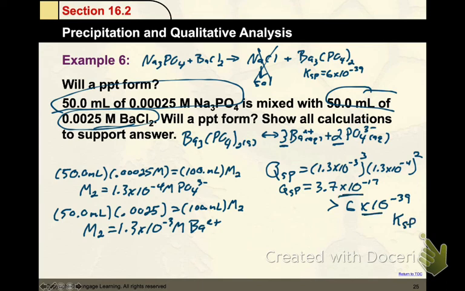This is a much larger number than that. So because of that, you can really say, well, that's way too many ions in solution for the solution to hold. So it is going to precipitate out. Yes, a precipitate will form because the QSP is greater than the KSP, so you will get a precipitate.